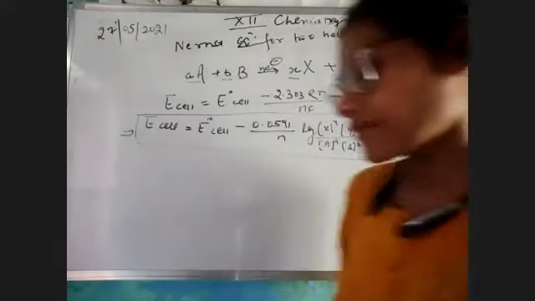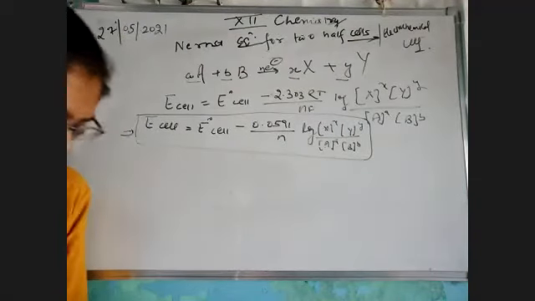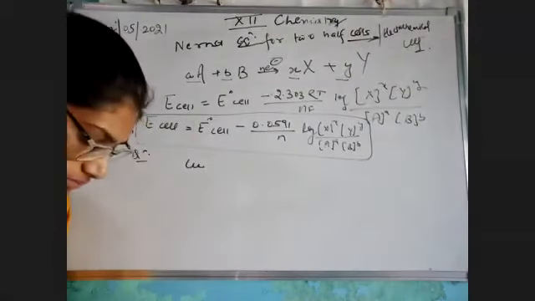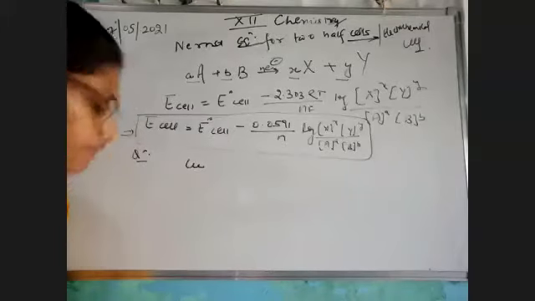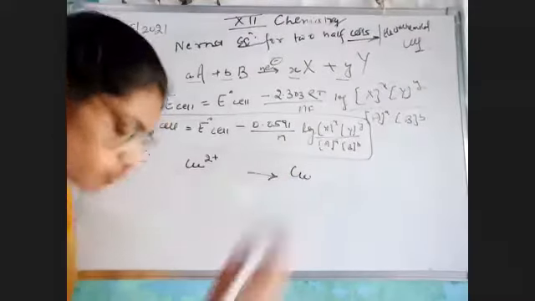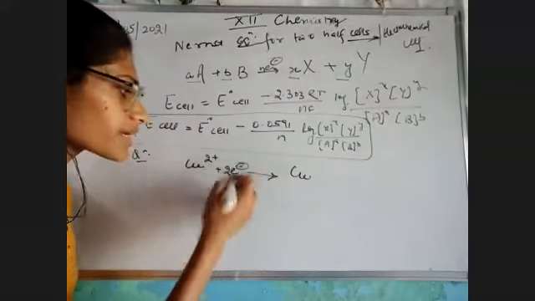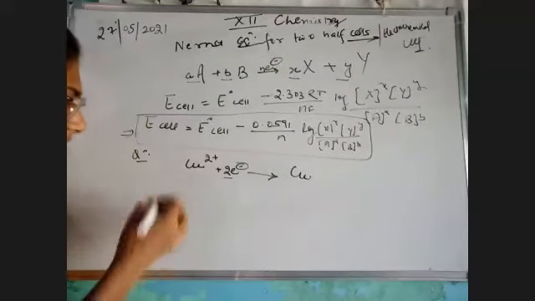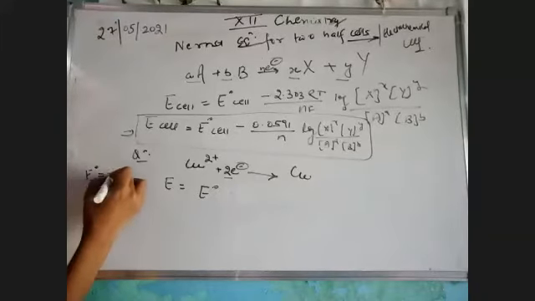We have been provided with an example where we have to calculate the electrode potential of a copper wire. The question is, there is copper which was present in the form of copper 2 positive, that is copper sulfate solution, and it is converting into copper plus 2 electrons, definitely because there are 2 electrons over there. Now we have to calculate the E value because we have been provided with E naught that is equal to 0.34.